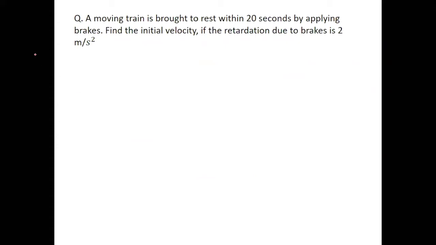Here, what is given? u is to be calculated. v is 0. Why is it 0? Because the train stops.